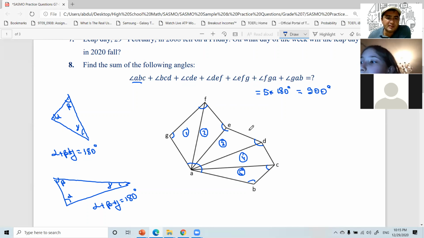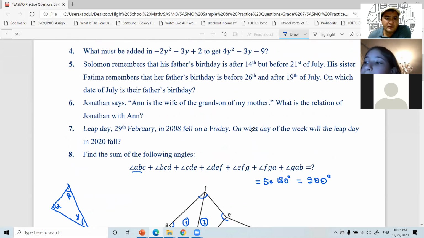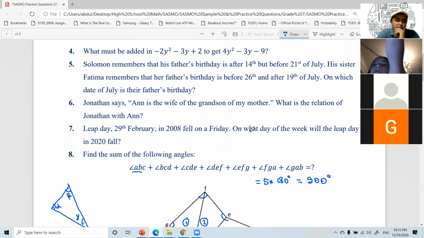Another question is, for example, question 5. Gunnar, can you read question 5? Solomon remembers that his father's birthday is after 14th, but before 21st of July.